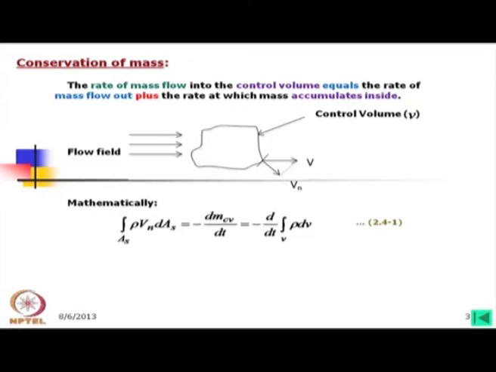Now, mathematically we can write rho V n d A s is equal to minus d m C V by d t is equal to minus d by d t integration of rho d v.